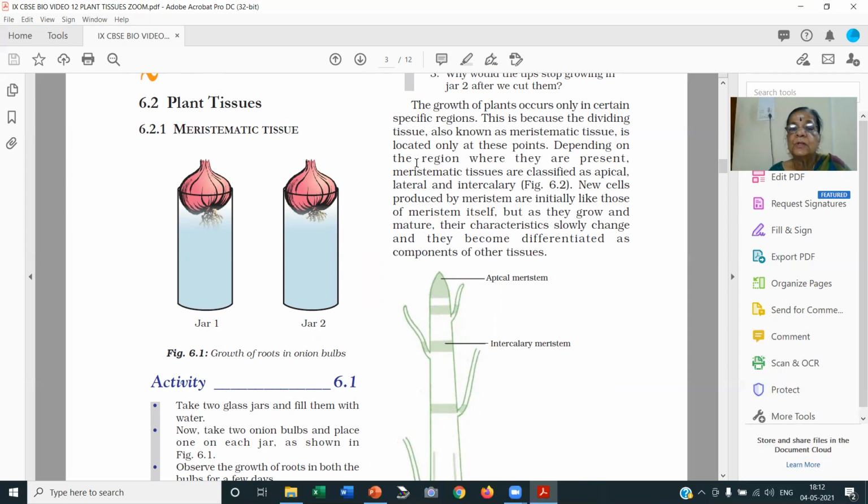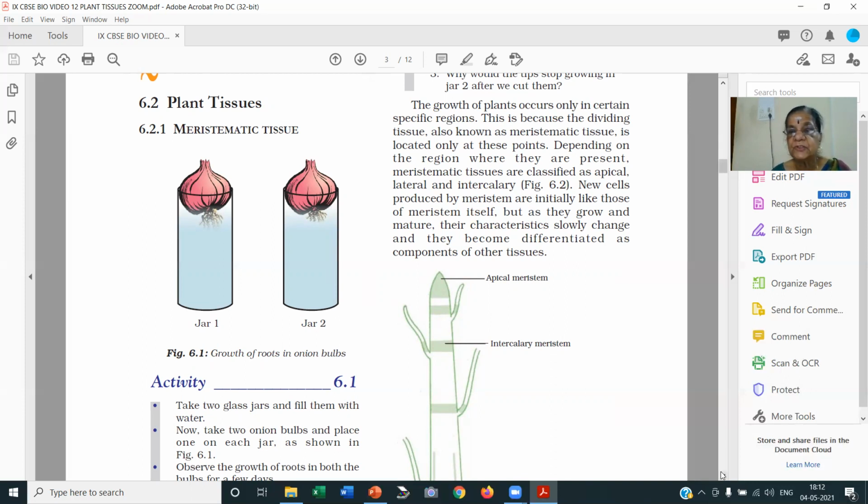But as they grow and mature, their characteristics slowly change and they become differentiated as components of other tissue. The growth of plants occurs only in certain specific regions. This is because of the dividing tissue, that is called meristematic tissue. We have learned earlier about meristematic tissue.